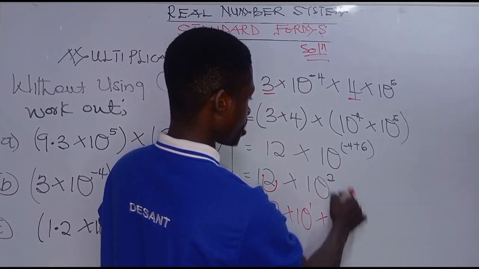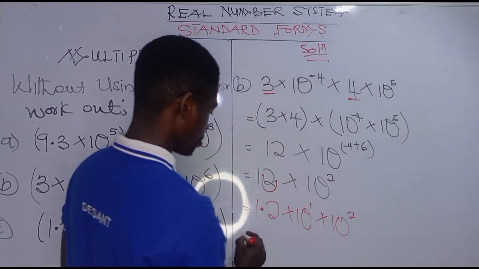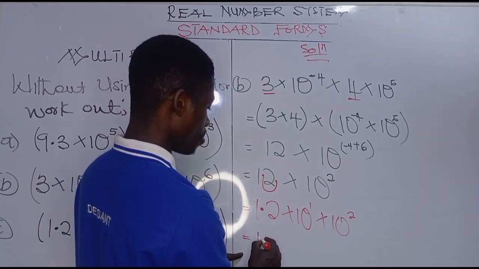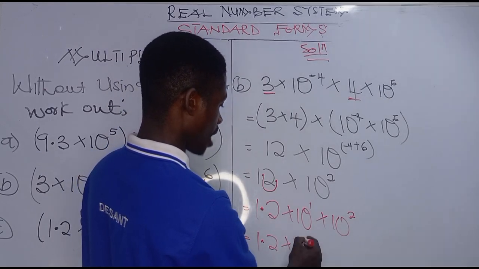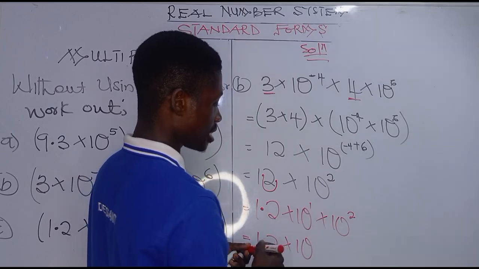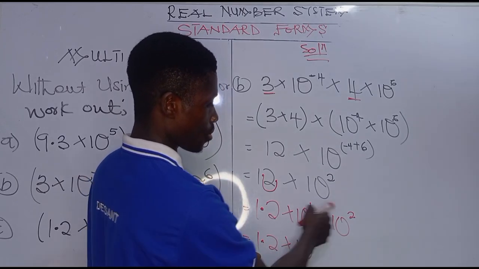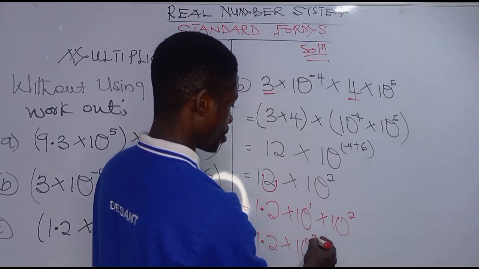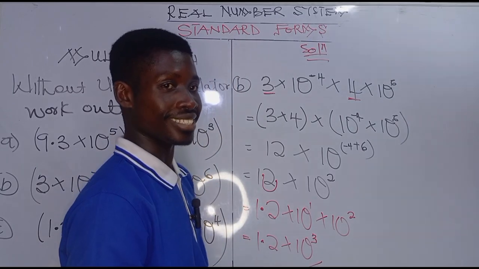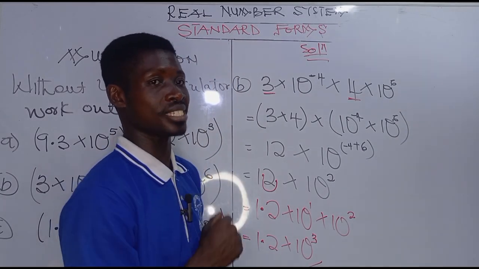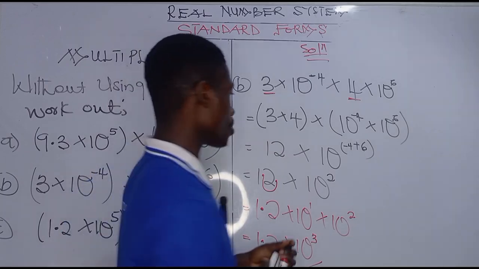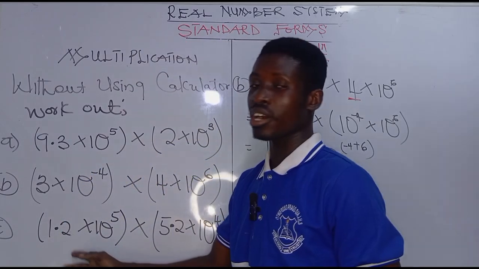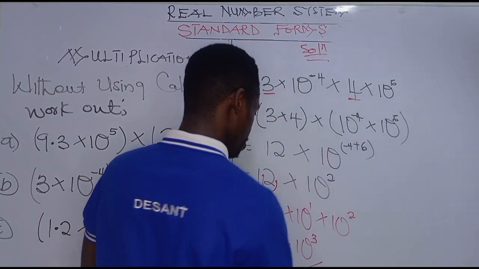Then times 10 raised to the power positive 2. So at the end, you have 1.2 times 10 indices. The bases are the same. We pick one of the bases, we add their exponents. So we have 3. And that is that. As easy as A, B, C, D. You can pause the video and try your hands on it. Let's solve this.